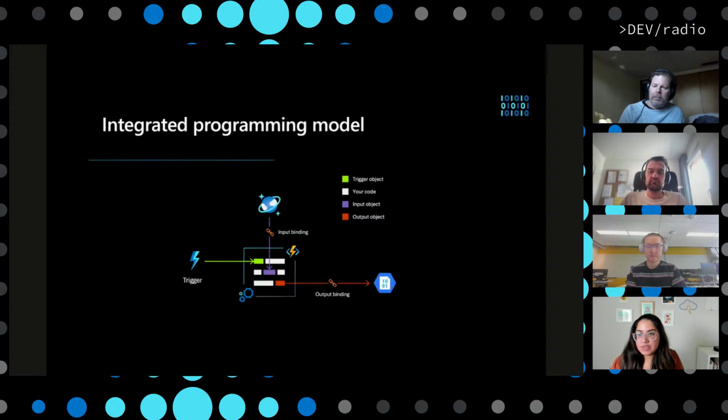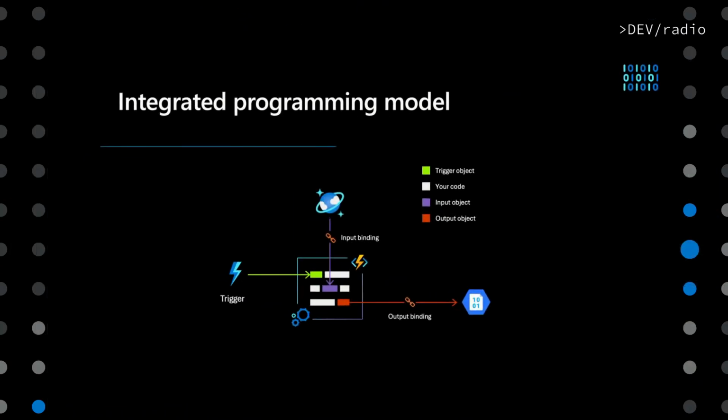With functions, we have something called a function app, and this entity can also be called a project. And within this function app or project, you have many different functions. And this here on this screen is what a function looks like. So we have the trigger, which is required for every function because it invokes the function to run. So this could be a timer or HTTP, or it could be on some data, for example, with Cosmos DB.